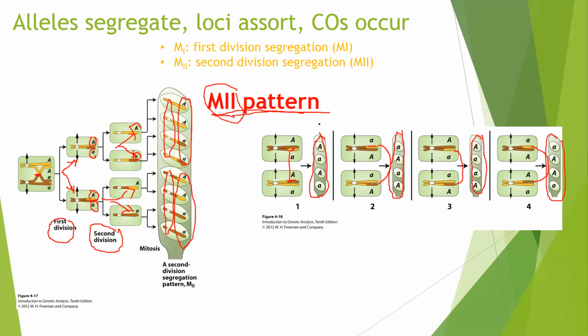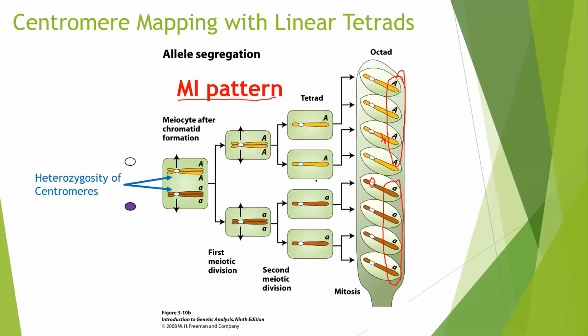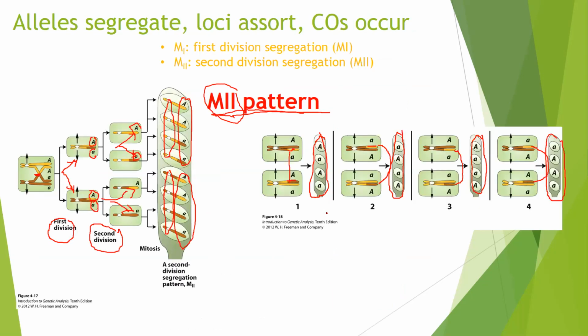All right, now I hope everyone understands the difference between the M1 pattern, which is big A, small a, or if I give you the tetrad, it should be big A, small a, right? So that's the M1 pattern. Now, the M2 pattern is a little bit different.